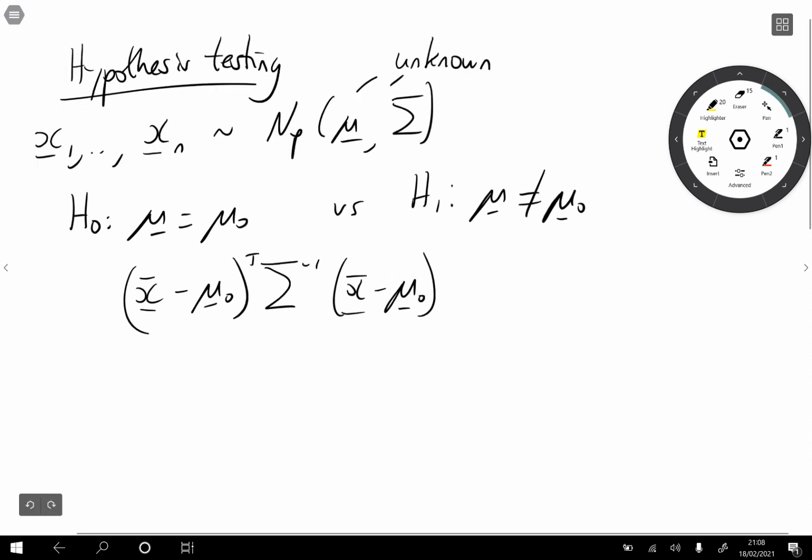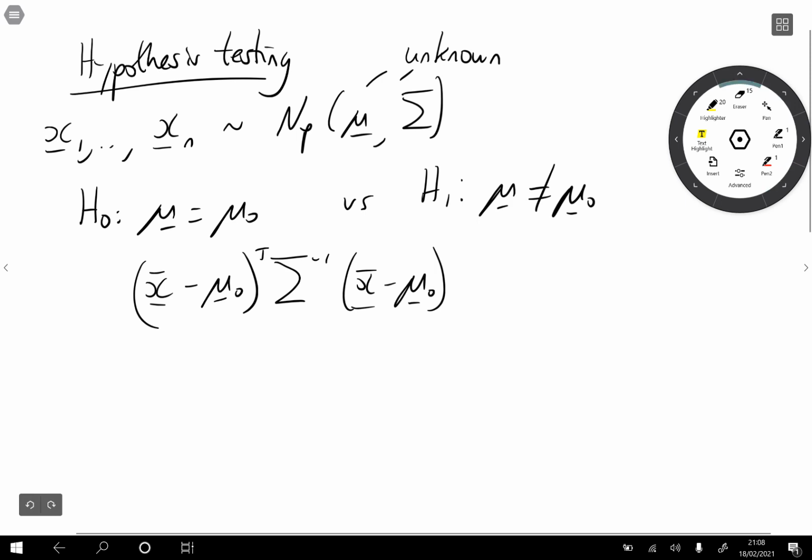So what we're going to do now is replace sigma by S inverse. And we're going to scale it as we did in the previous chapter. So we're going to let gamma squared be this times n minus p over p.